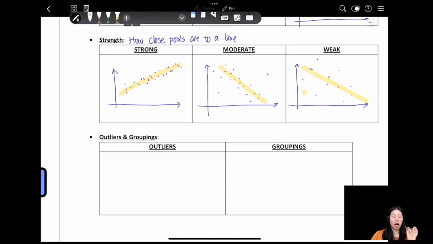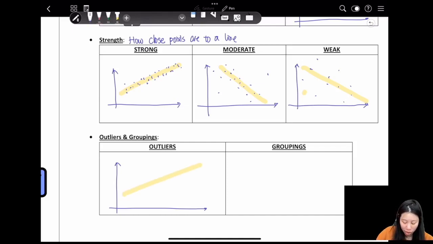If it's 1.5 interquartile ranges away from the data, we call it an outlier. So here, if we see there's a line, most of the points are on the line, and there's one that's really far away from the line, we call this one an outlier. But later I'm going to explain what the criteria are to determine that this is an outlier.